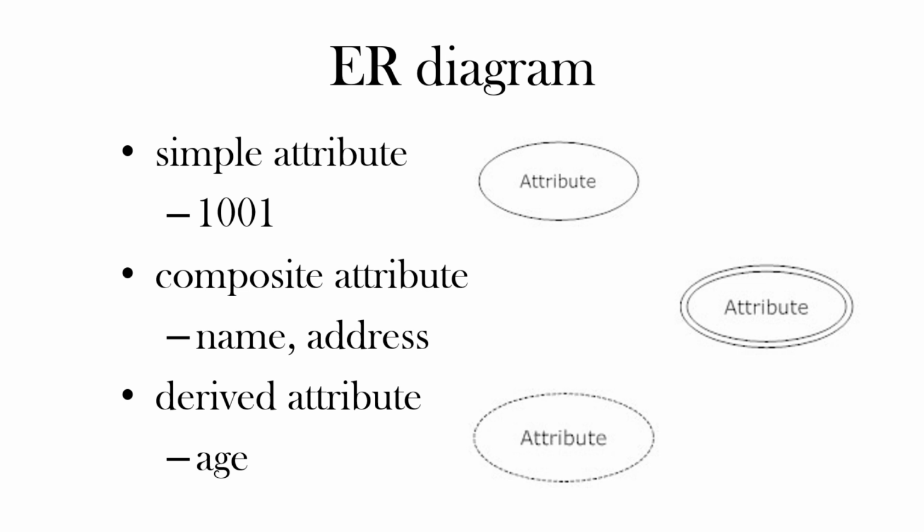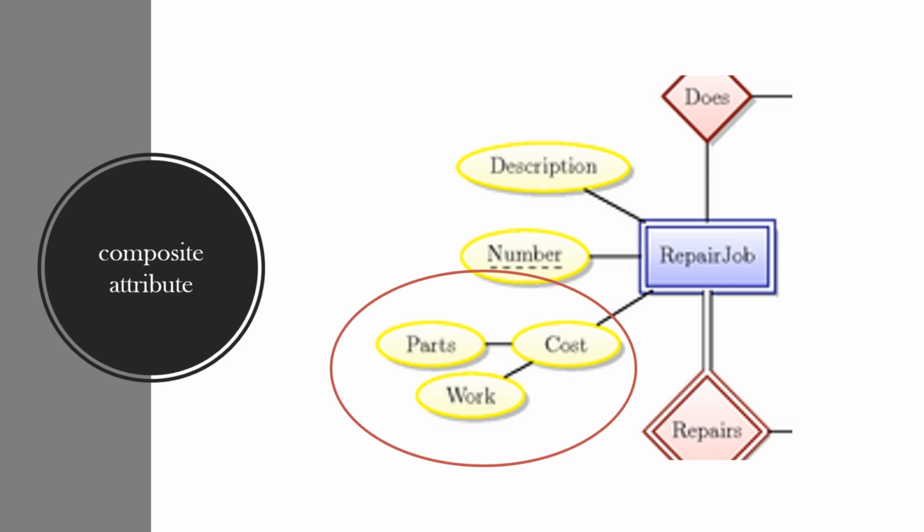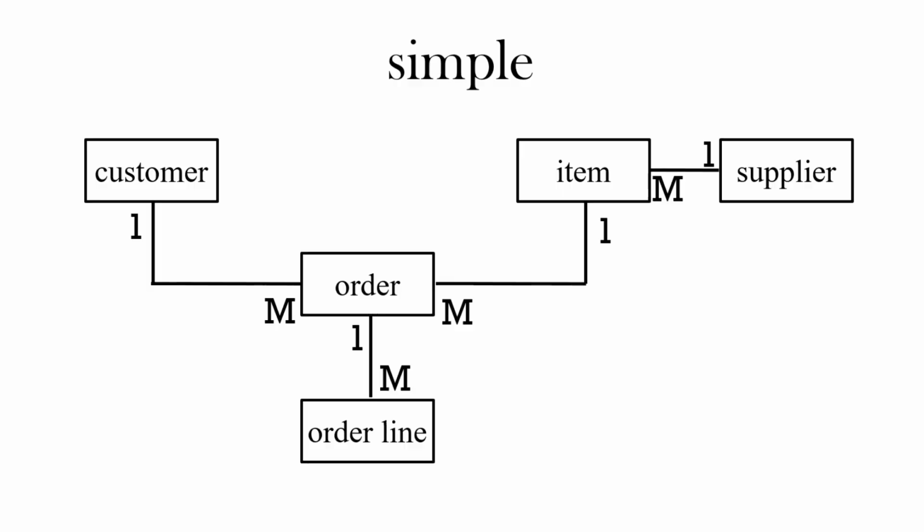Derived attribute, we wouldn't have age in a database, we would have date of birth, and then we would calculate the age inside the database. So that type of attribute can be signaled with this dotted oval. So here's an example of a composite attribute. We've got the cost, and that's made of parts and work.